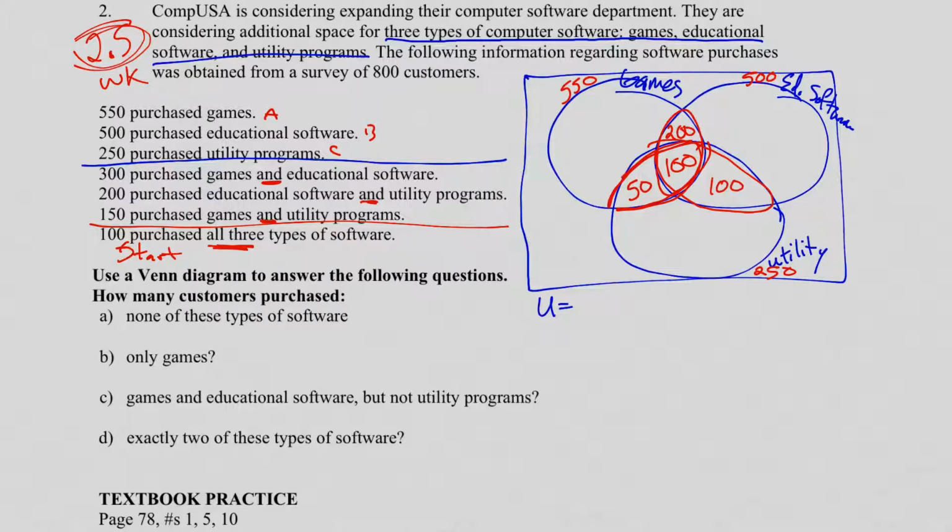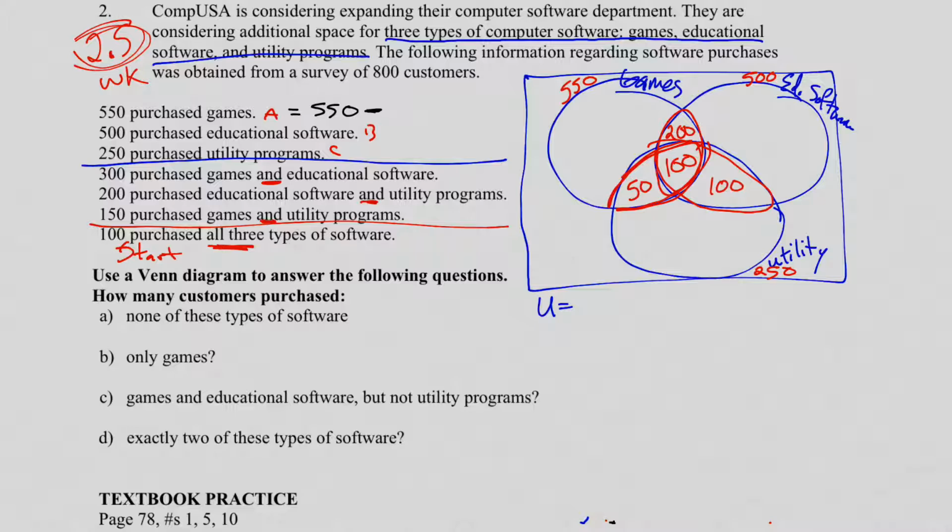The third thing we need to do is the individual circles where there are exclusive areas. So region 1, 3, and 7. First we're going to start with games. We know there's 550, and we want to subtract the 3 numbers that are in that circle.